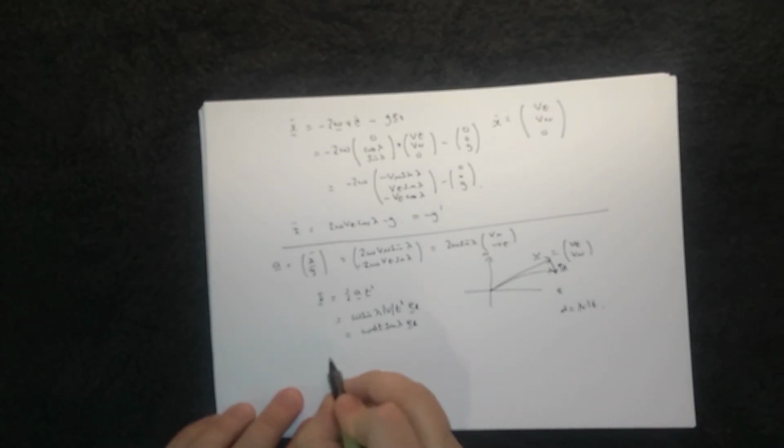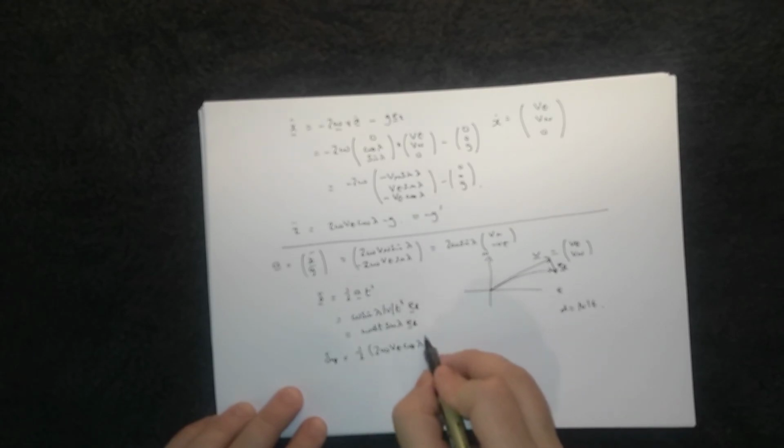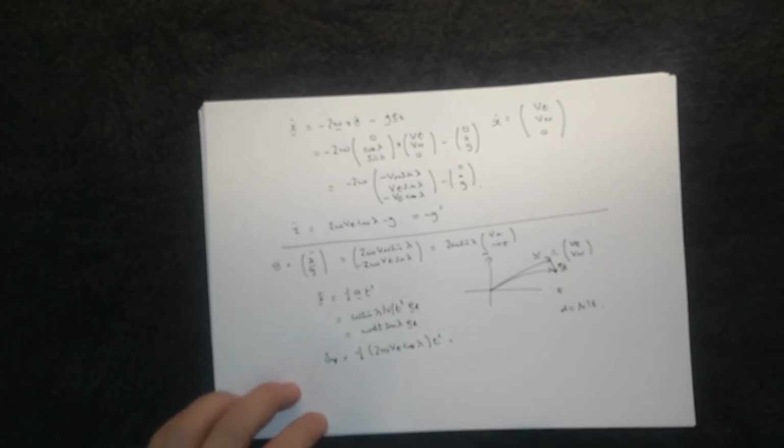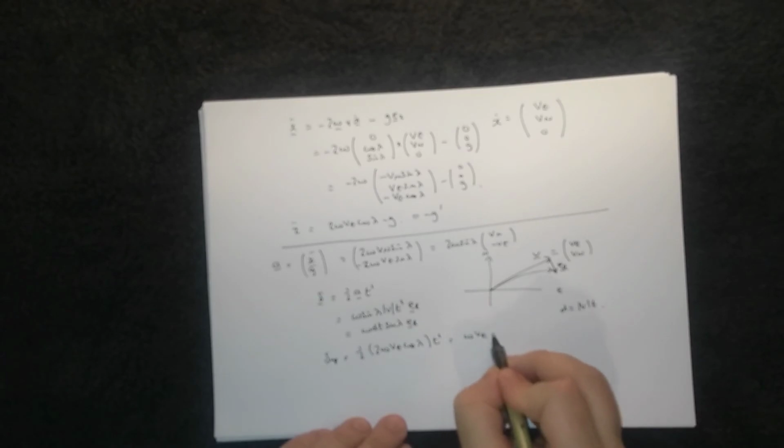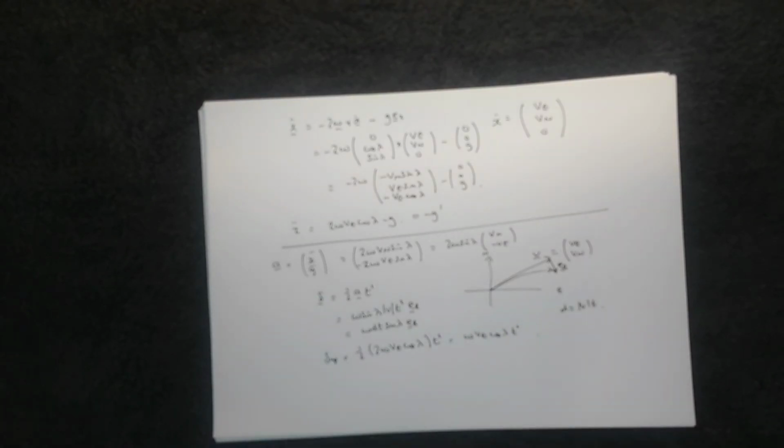So we also have delta upwards is a half times 2 omega V_E cos lambda times t squared, that is, omega V_E cos lambda t squared.